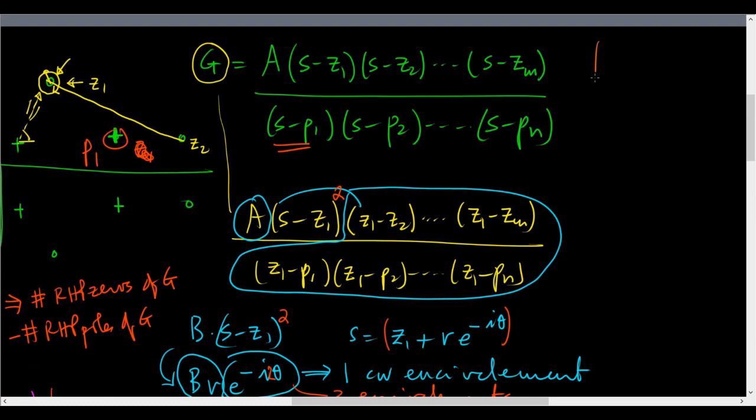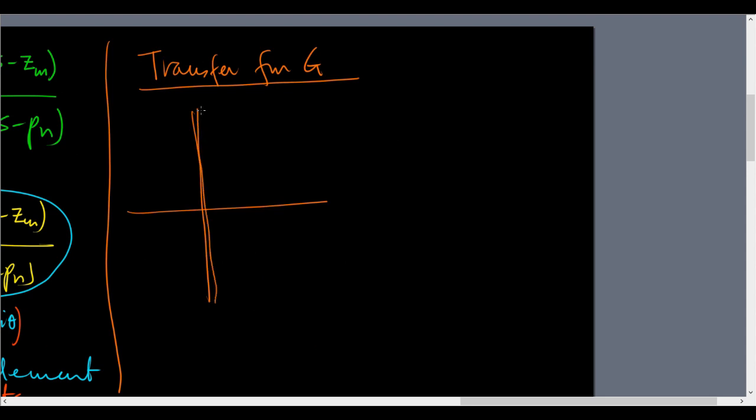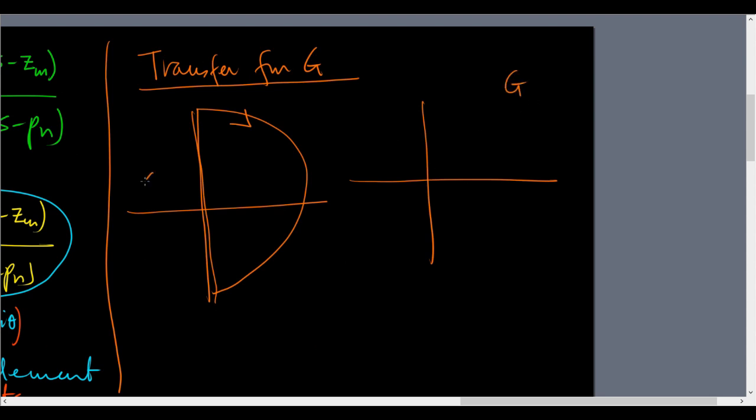And so what we will do here is take the transfer function g, then take this contour, and we will get some contour here which will be in the g plane, this is the s plane. This contour will be symmetrical, so maybe it will look like this.